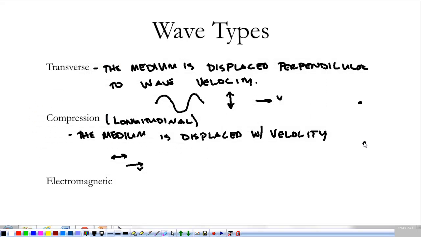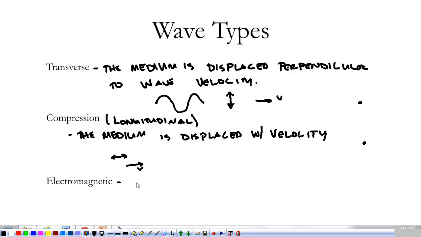The individual particle is just moving side to side, but this push is what's moving through here. Now, if we look at these things, what we see is a compressed area, that push that's traveling, that's like a crest, and then we see this area right here, which is not as compressed. We call that a rarefaction. So here's a video that's going to help us see that a little bit.